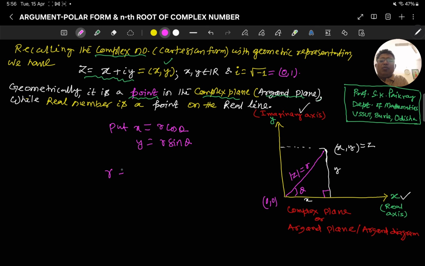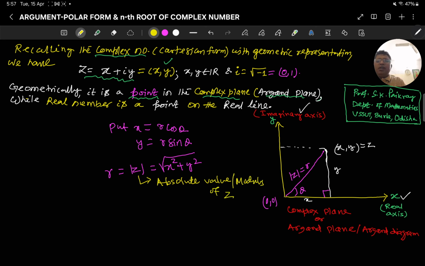Your r is equal to z mode, the absolute value, which is the square root of x square plus y square, and as you know sin square theta plus cos square theta is 1, so this will hold. Now this z mode is called the absolute value or modulus of z.